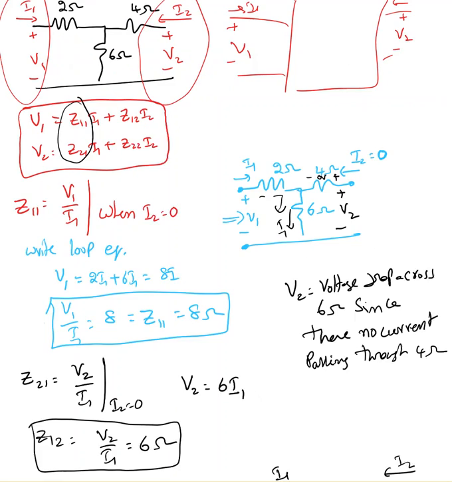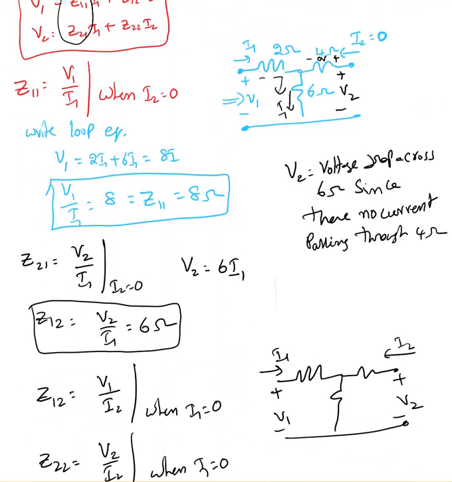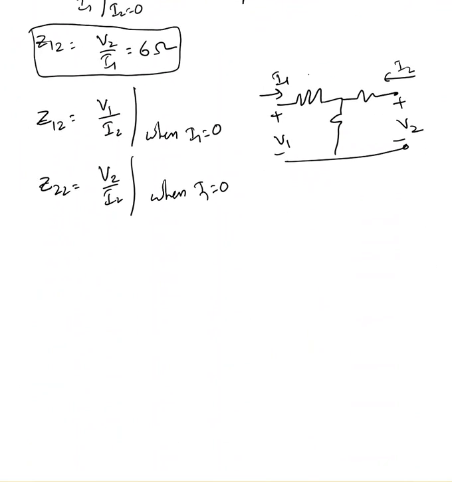So what are the parameters I have? I have 2, 6, 4. So here is 2 ohm, 6 ohm, 4 ohm. Now I'm going to find Z22.